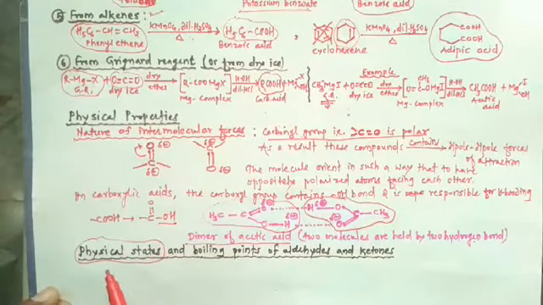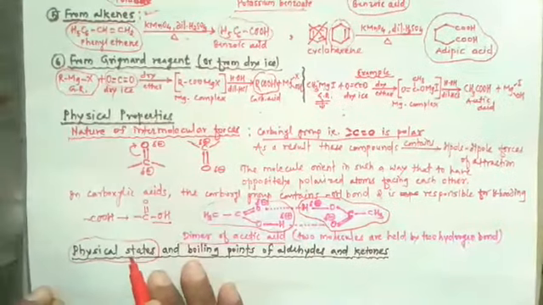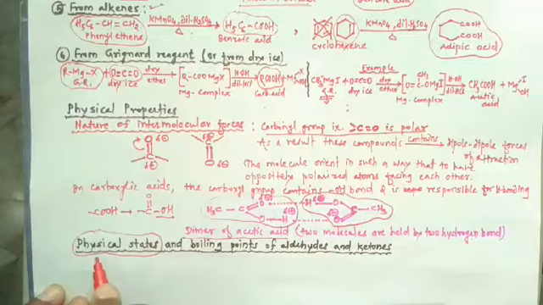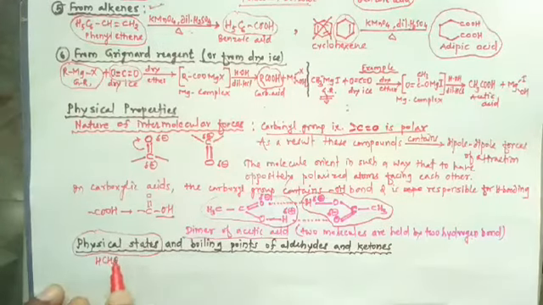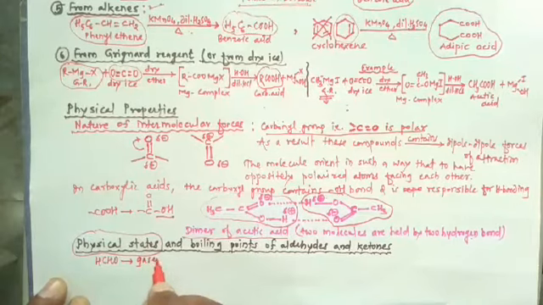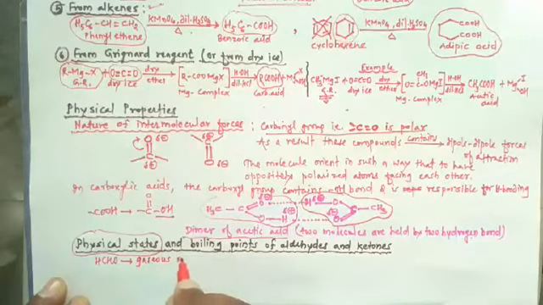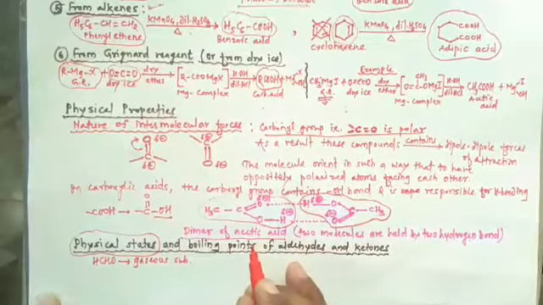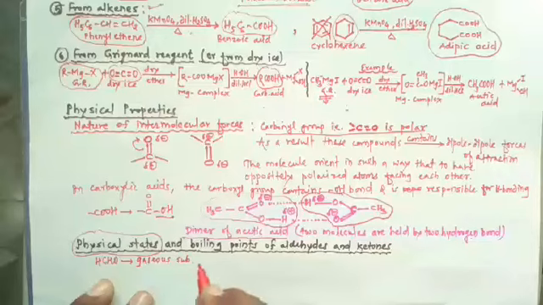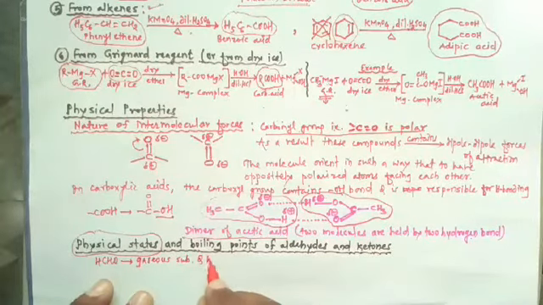So the first member of the aldehyde family is formaldehyde, that is HCHO. This formaldehyde is a gaseous substance, and it has an irritating odor.